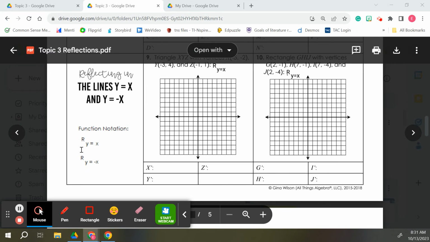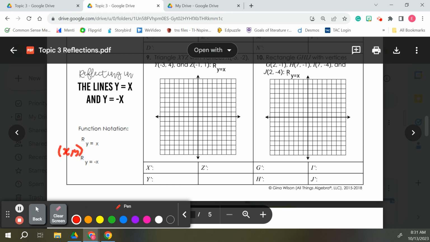And if we take a look, the rule for this one is x comma y changes to y comma x. And for this one, x comma y, for over negative x, it's going to be negative y comma negative x. Okay, that's what you're going to want to write down.